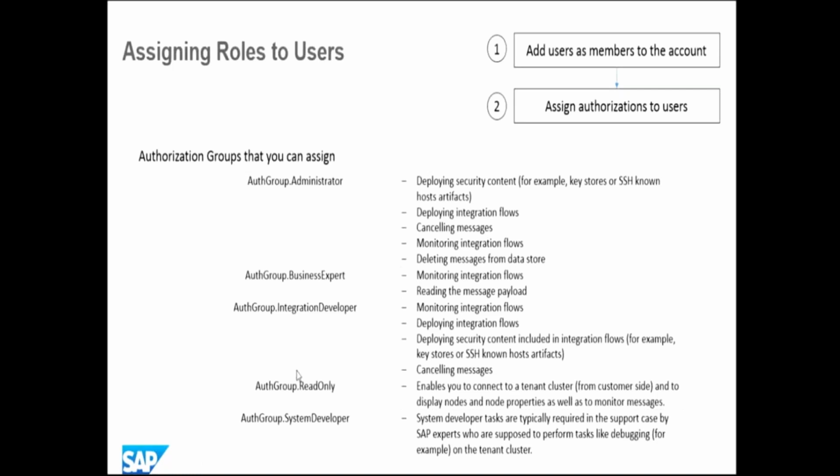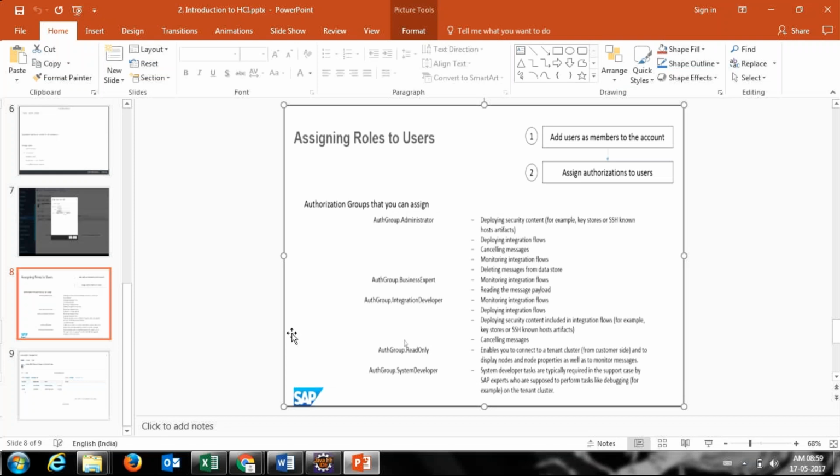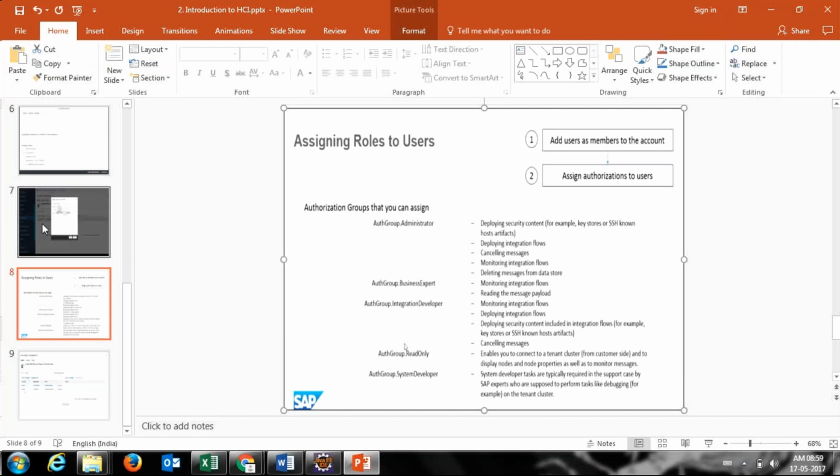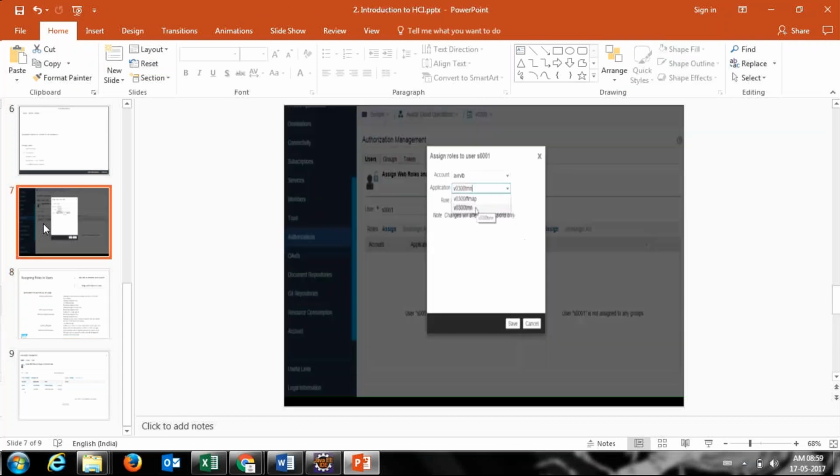So it's typically the SAP consultant auth group, and it's not for us. For us, it is auth group integration dot developer, or integration auth group dot administrator, based on what authorization level you have in the organization.